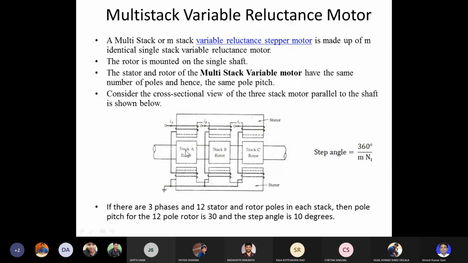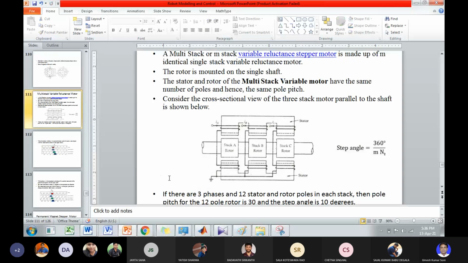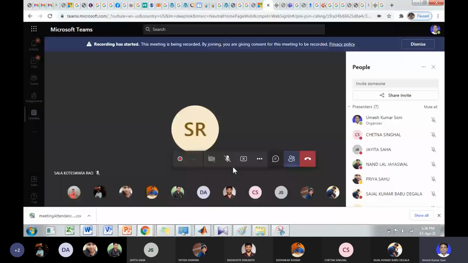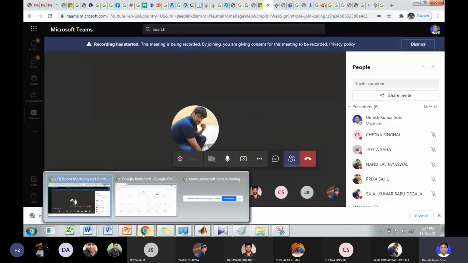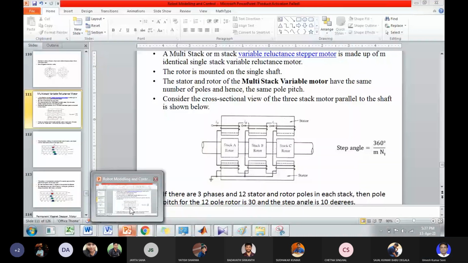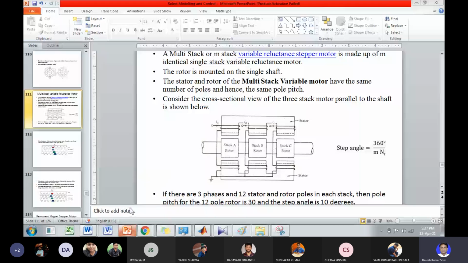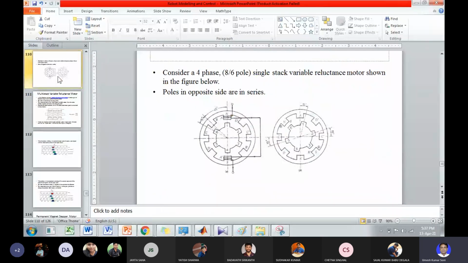Sir, you are not audible. Hello, does it mute automatically? For how long has it not been audible? From this section you were audible or not?